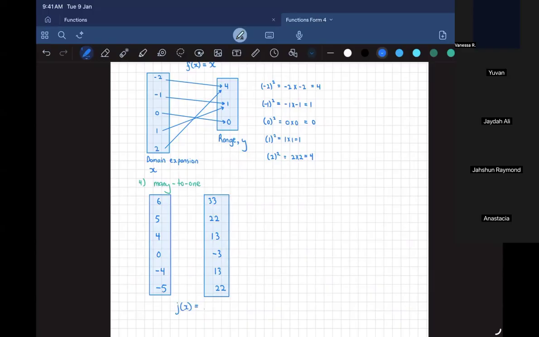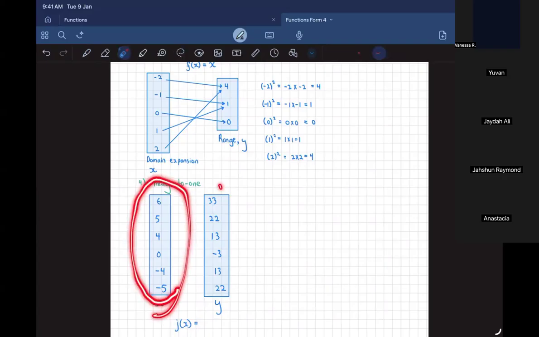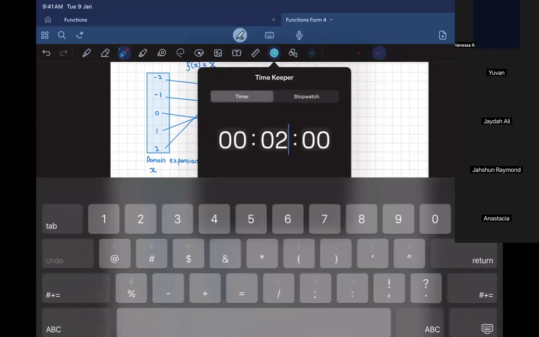So what we had to do with x to get y. This would be the set of x values, which is the domain, and this would be the set of y values, which is the range. And we're trying to figure out what the function g of x would be. So what would you have to do with x to get y? I'll give you only 3 minutes to figure out this one.